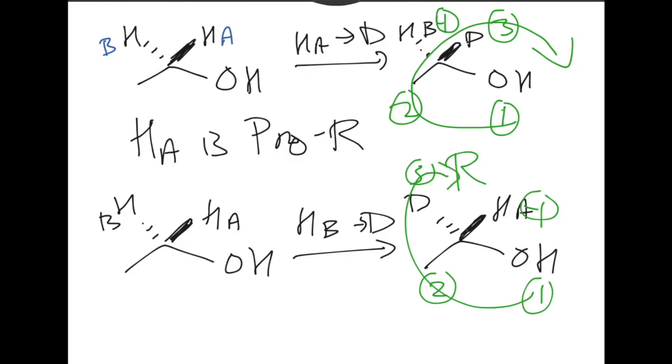This looks R, but it is S. So now we can say that HB is pro-S. So what this lets us say is instead of the wedgie hydrogen, we can say, oh, alcohol dehydrogenase removes the pro-R hydrogen from ethanol during the oxidation. So now you could just look at an ethanol and figure out which hydrogen is pro-R and which one's pro-S, and then know which hydrogen gets removed by that enzyme.